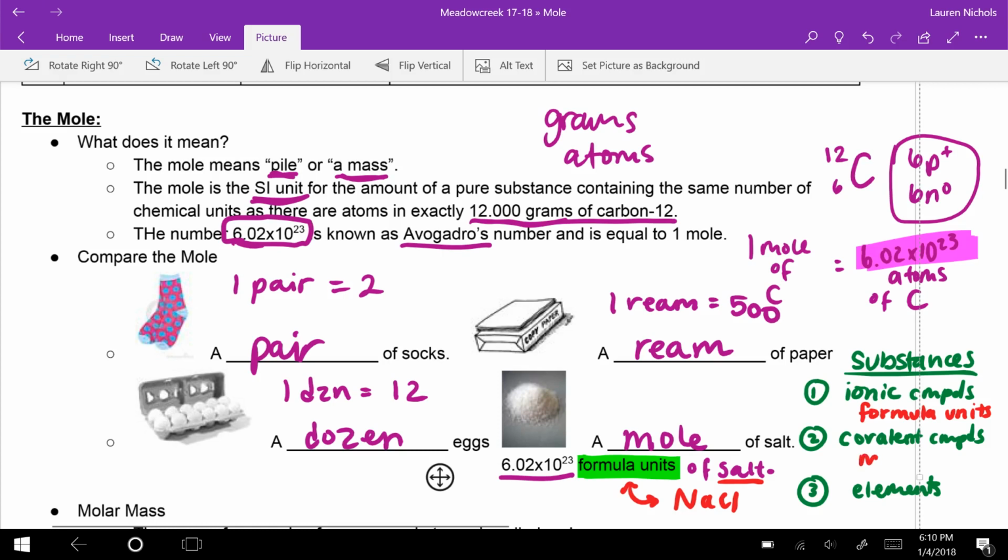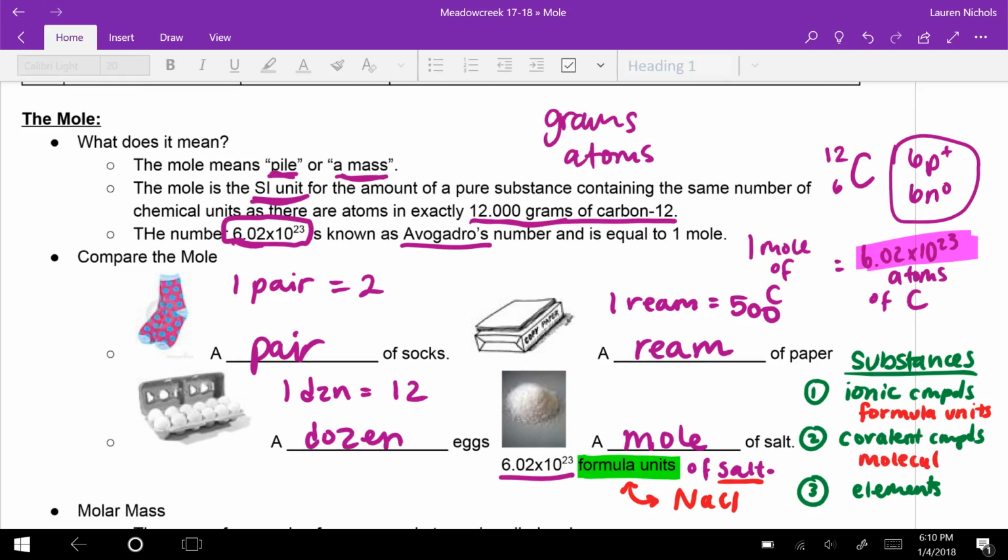Covalent compounds use the word molecules, so it would not be appropriate to describe any substance that's not covalent as a molecule. And then when we're talking about individual elements or individual units of an element, we're talking about individual atoms themselves. And so we could say that Avogadro's number, 6.02 times 10 to the 23, could be really anything.